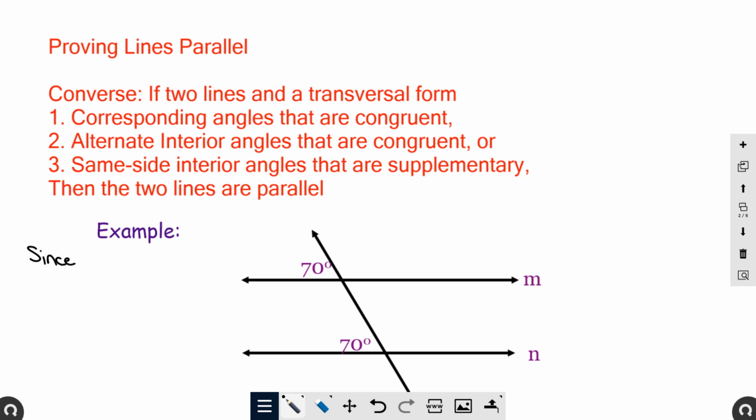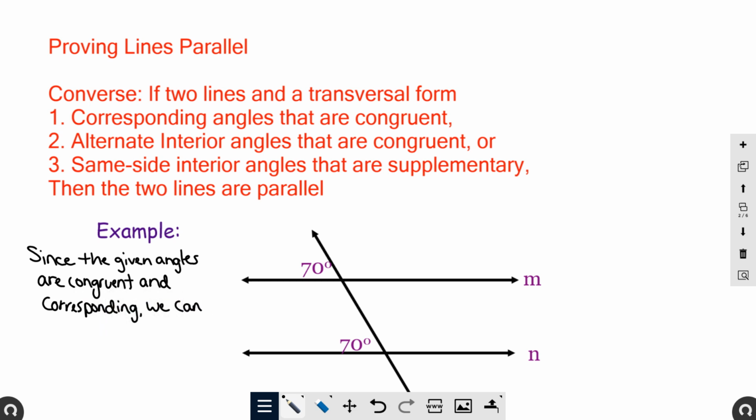So write the sentence. Since the given angles are congruent and corresponding, we can say M is parallel to N. Remember, you can use that notation that we talked about yesterday.